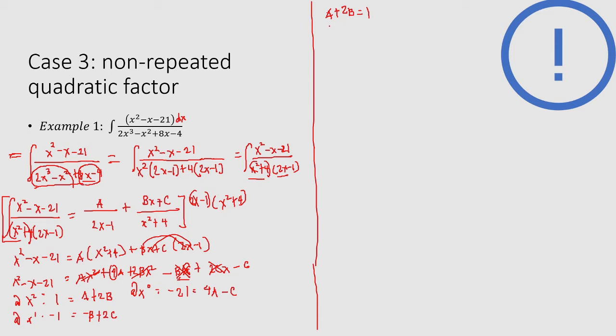Equation 2 is negative B plus 2C is equal to negative 1. Equation 3 is 4A minus C is equal to negative 21.